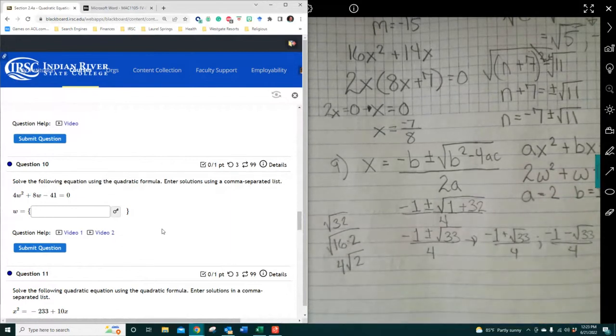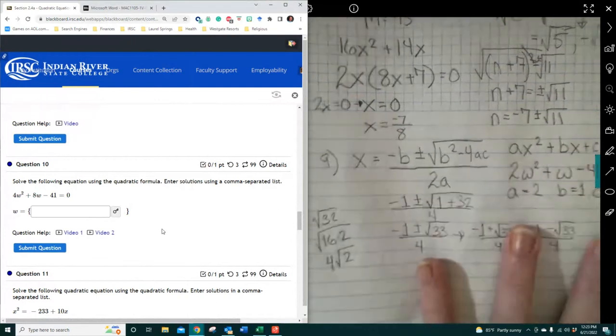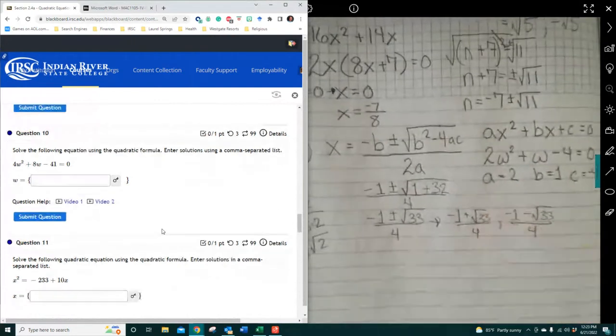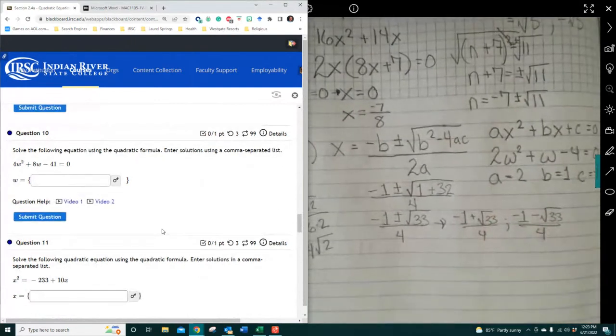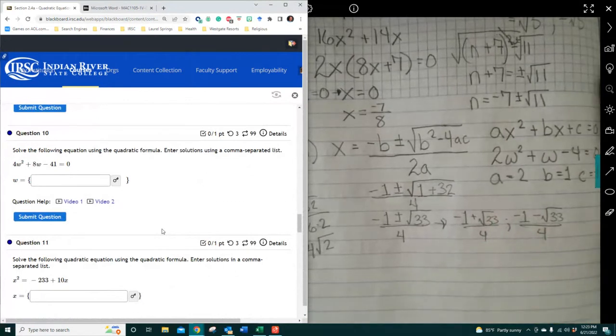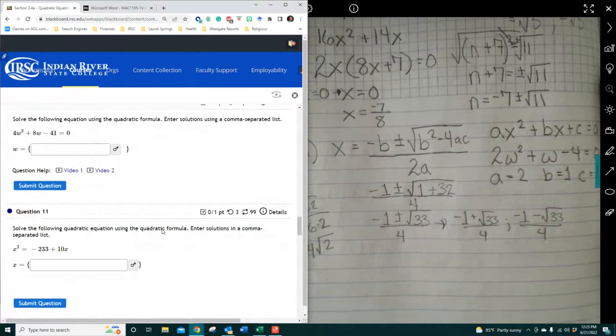I just want you to be aware that if you're ever dealing with radicals and you have structures of numbers that can be broken down with perfect squares in them, you must do so. You can't leave them unsimplified. That is probably the biggest dilemma of students using the quadratic formula. They don't know how to simplify radicals, so they get stuck.